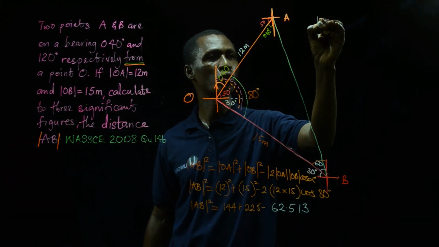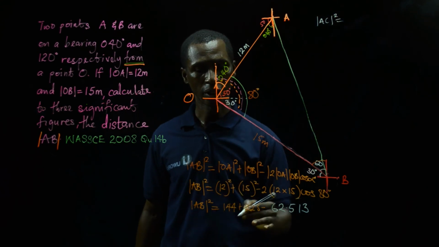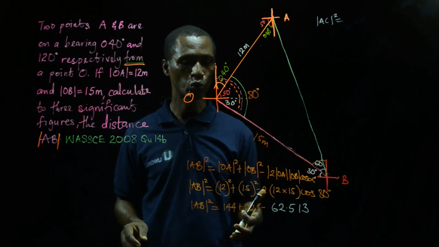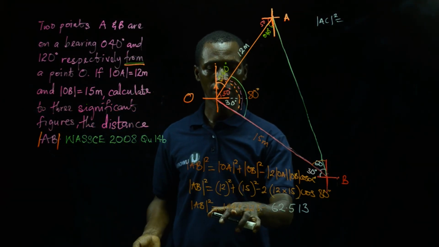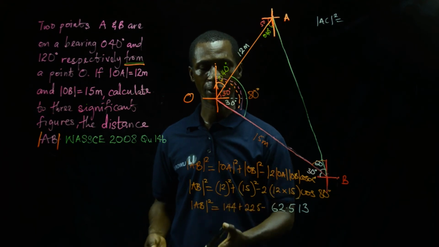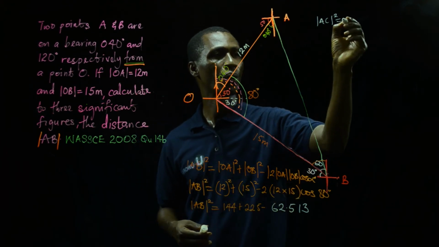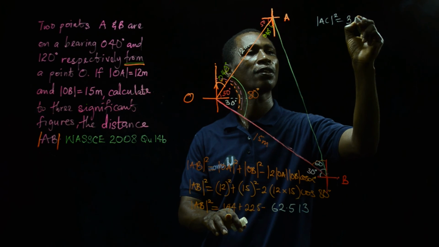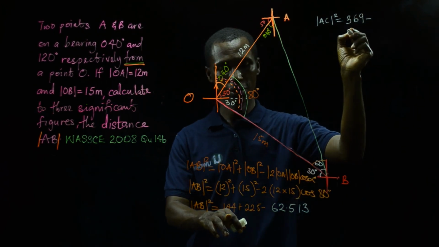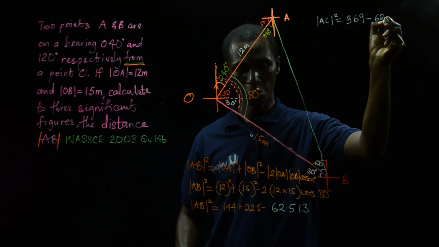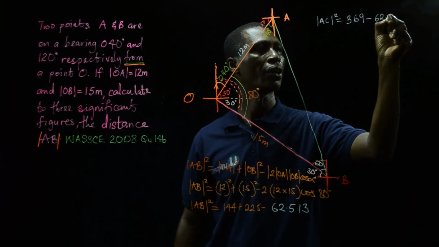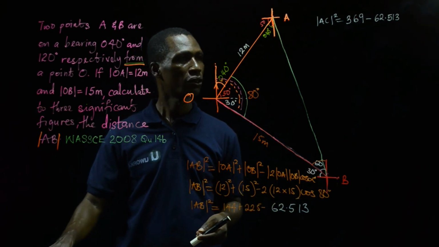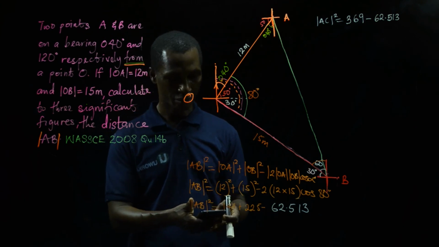I still have my AB squared. Okay, so 144 plus 225 will give me 369 minus 62.513. So the calculator should do the work for you again.